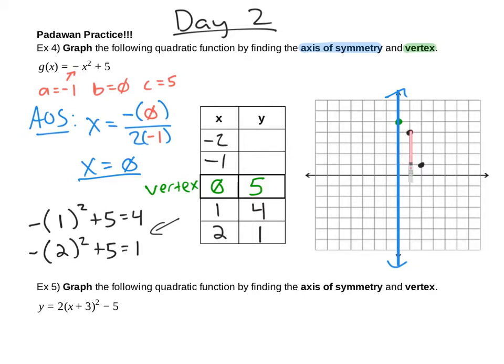It's 1 away. So we should have another point reflecting 1 away in the other direction. Same thing over here. This is 2 away, so we should have another one right there. And we can see that symmetry in our table as well. These two values are symmetrical. They are matching y values. Okay, and then these are also matching. You see that either in the table or on the graph.